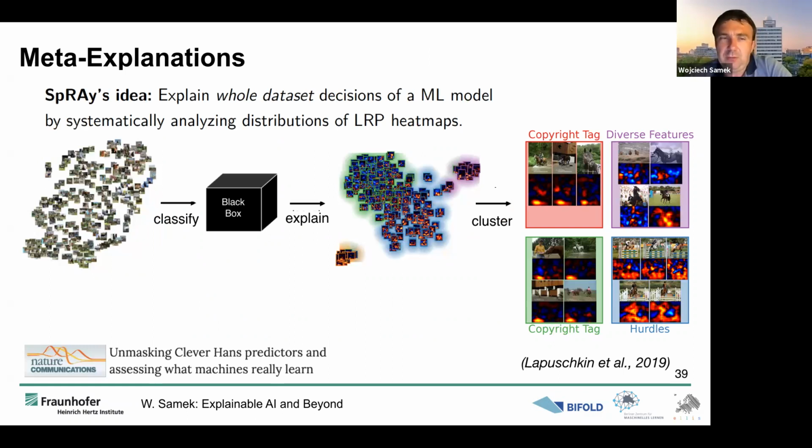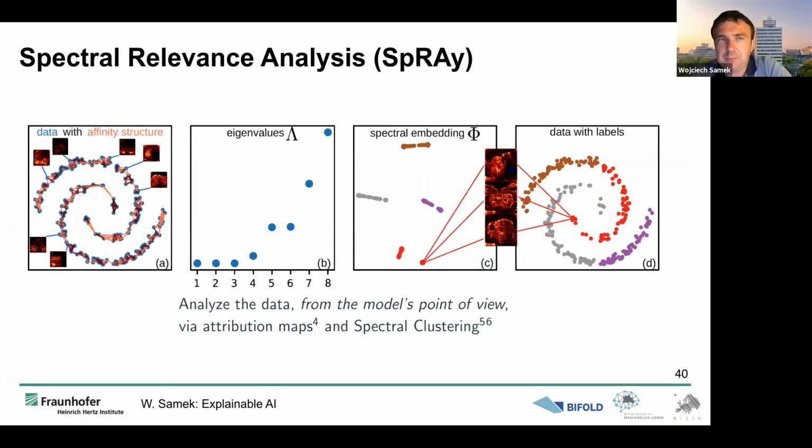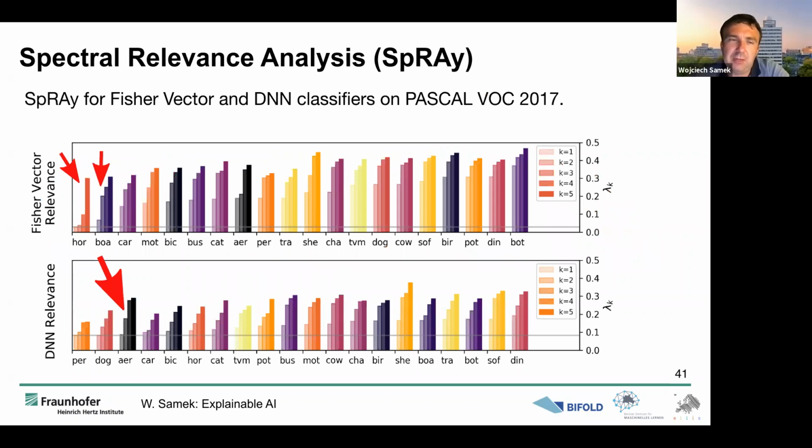And you can do the clustering using, for example, spectral clustering. This is what we did here. So as you compute some affinity structure on the heat maps, you can compute some eigenvalue spectrum and perform clustering. And if you have a large eigenvalue gap, you know how many different clusters you have.